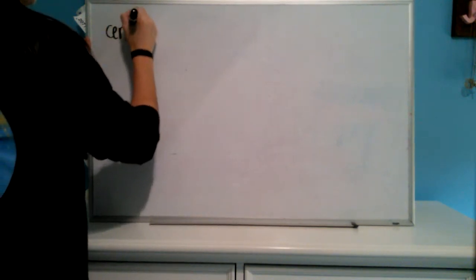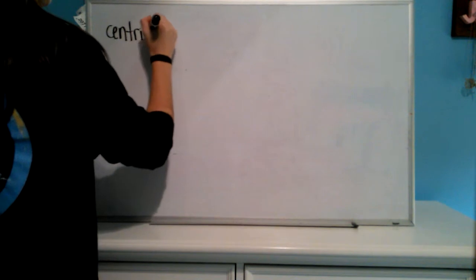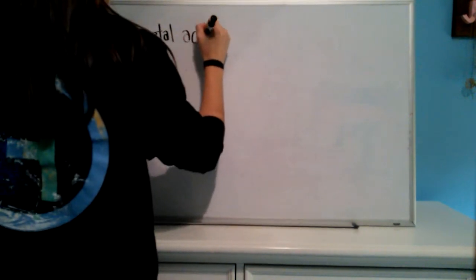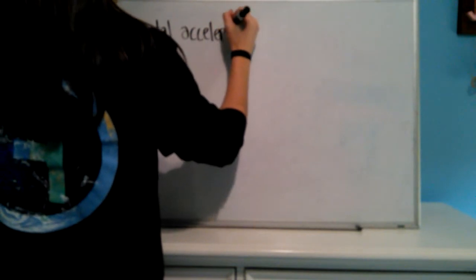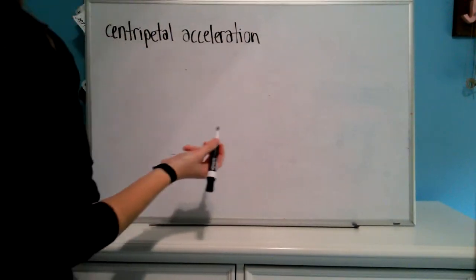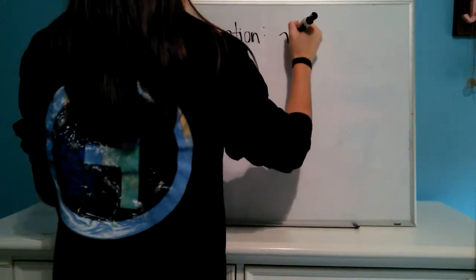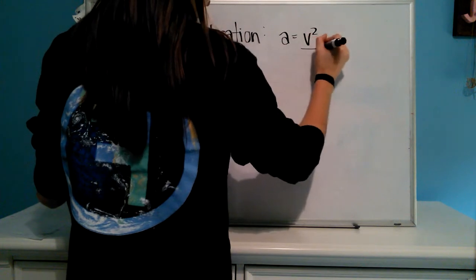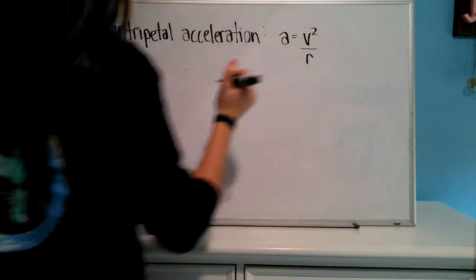So the acceleration towards the center of the circle is called centripetal acceleration. And the formula for centripetal acceleration is acceleration is equal to the tangential velocity squared over the radius.